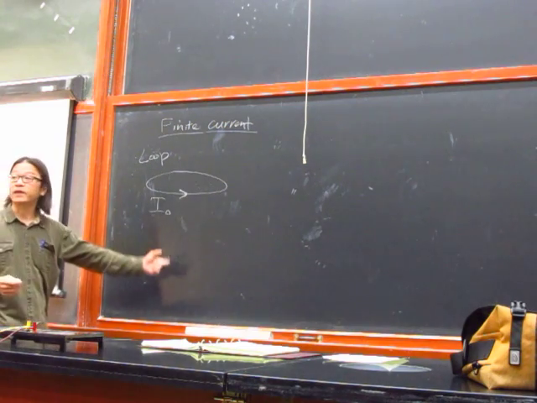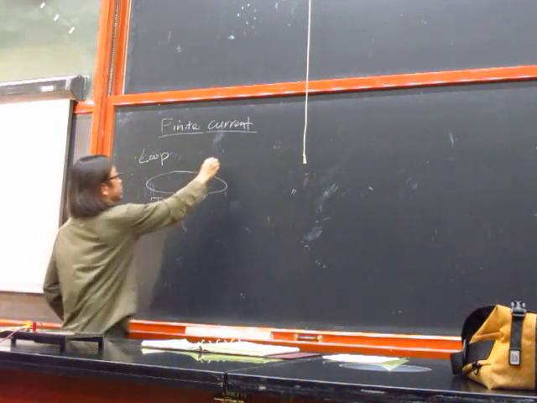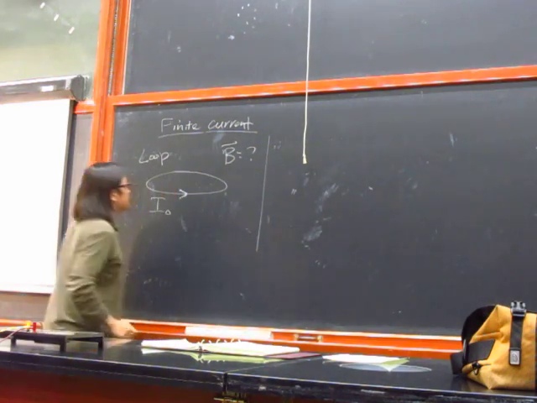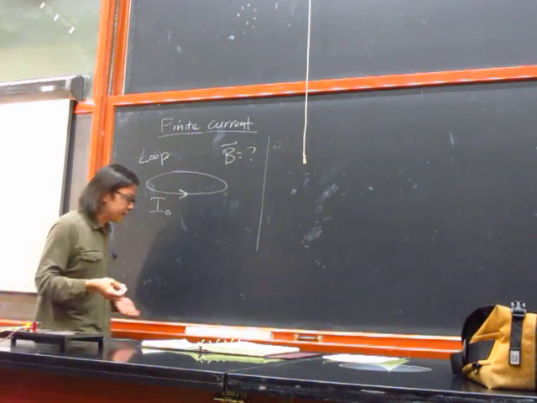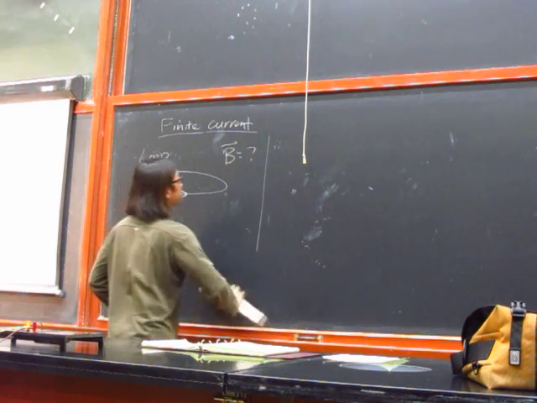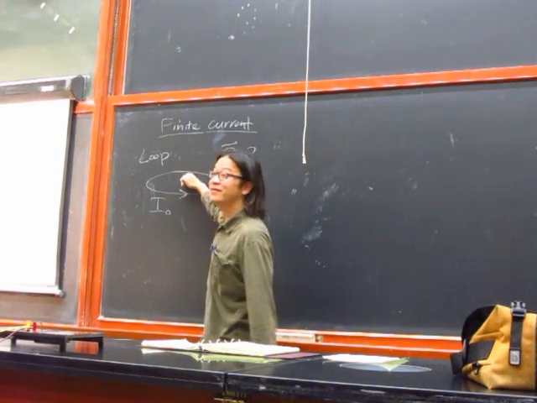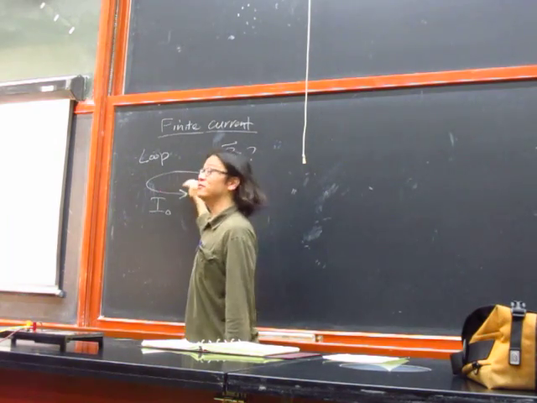And what is the B field everywhere, right? Just like in electrostatics, we talk about a dipole. This is not a dipole, by the way. This is a loop, right? So I'm looking at the field close by to the loop.